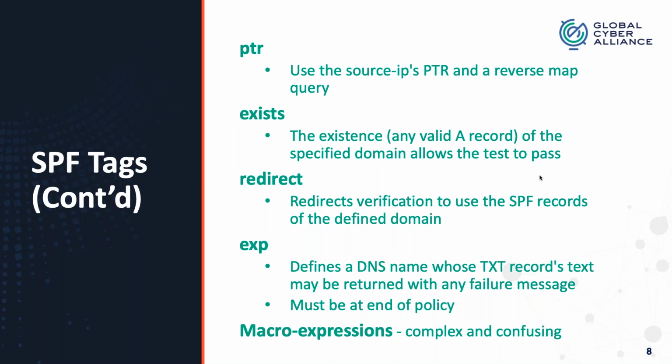Redirect is typically used because there are third-party vendors out there that will handle your SPF for you. There's a domain lookup limit, which we're going to talk about, and that limit can be bypassed by using the redirect and using a third-party vendor to handle the SPF for you. So you can just point it to them. They'll tell you what to input. This is what you need to define, and then that's where you would go and do it, and everything is handled there. But redirect is used by itself.